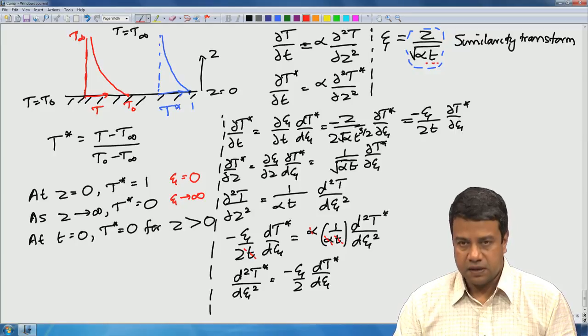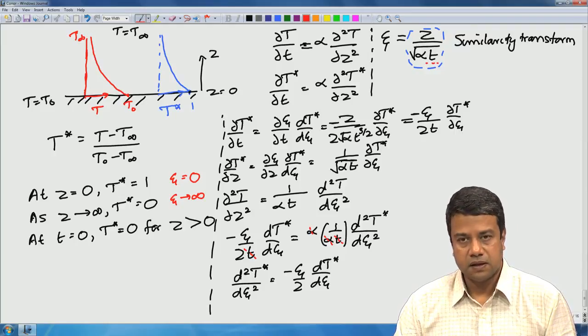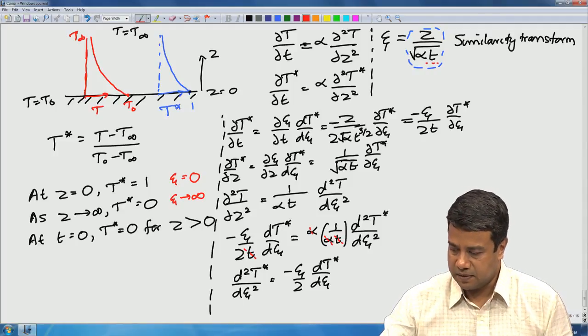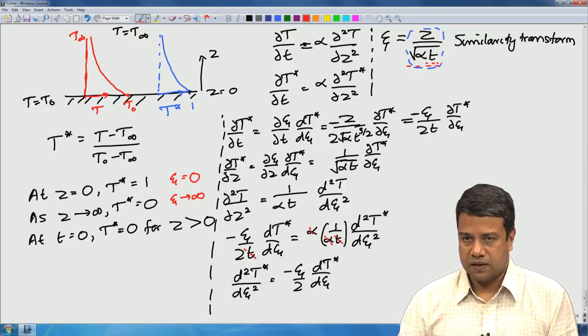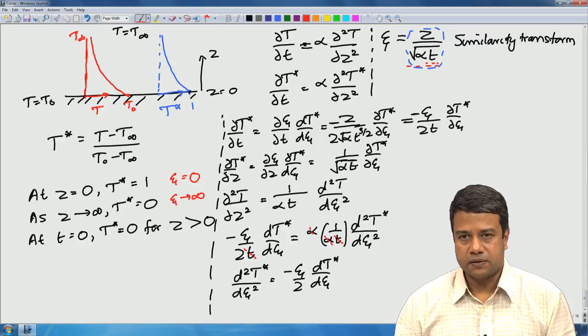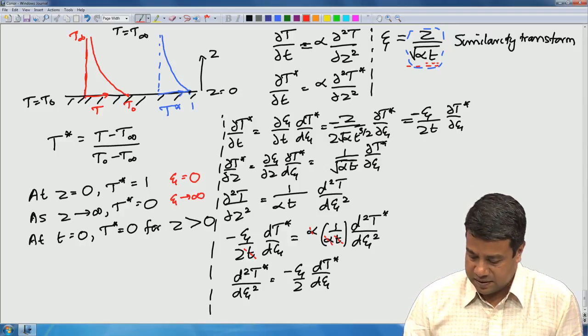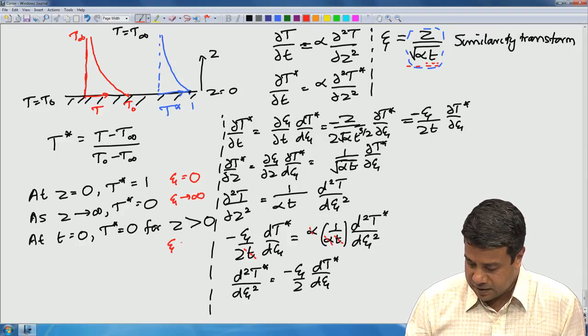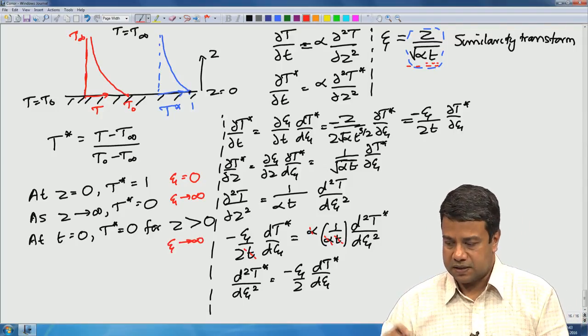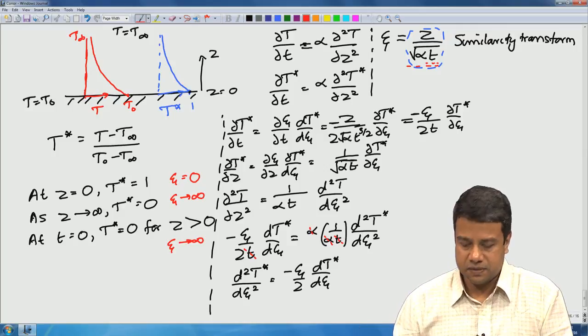The initial condition at t is equal to 0: the similarity variable is equal to z by root alpha t. So, for all z greater than 0 at t is equal to 0, this similarity variable psi goes to infinity, because if t is equal to 0 and z is greater than 0, psi tends to infinity.